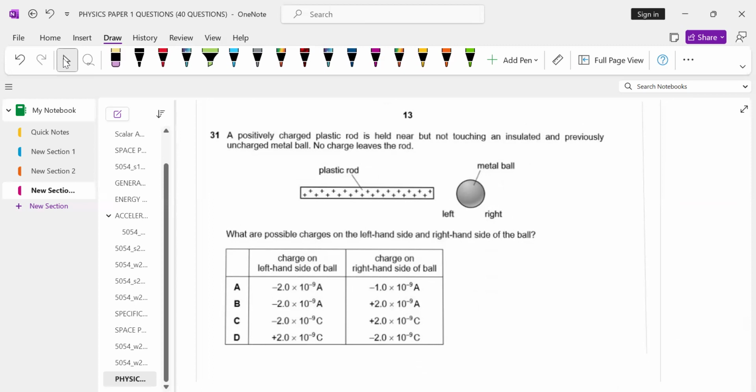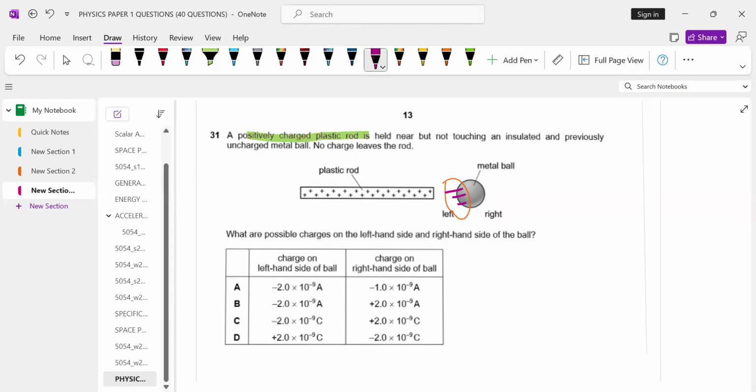The metal ball isn't touching the plastic rod, but you can see in the diagram, and it is written in the question as well, that the plastic rod is positively charged. So the left hand side of the metallic ball would be negatively charged. Left hand side negative charge.